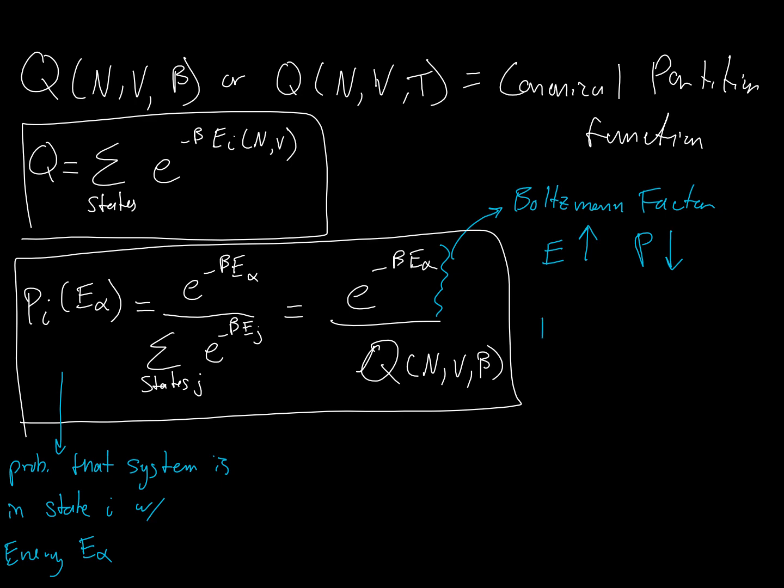Conversely, as the temperature increases, beta will decrease because it's a reciprocal of it. Therefore, the probability goes to 1. Right, because e to the 0 is equal to 1. Sorry, not probability.